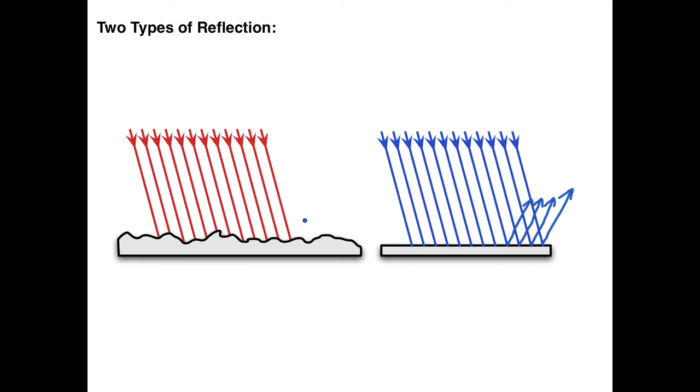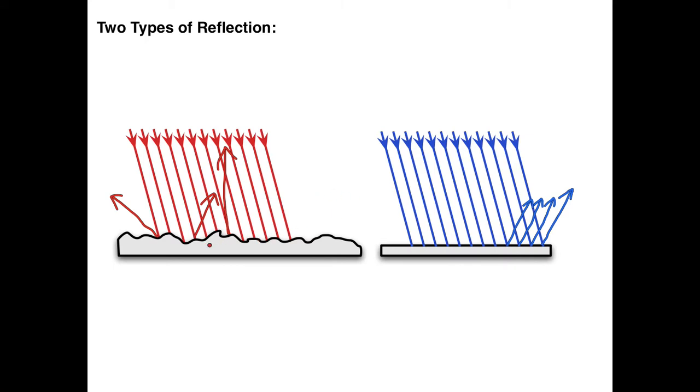The other type of reflection is called diffuse, and this is off of a rough surface. And each of these beams, when they hit, is going to travel in some different direction. So some may travel in the backwards direction, some may travel in this direction, and some may travel straight up. In general, they'll be going every which way.